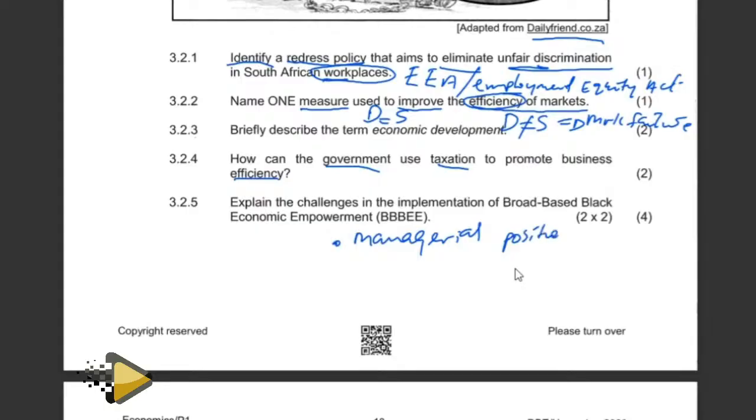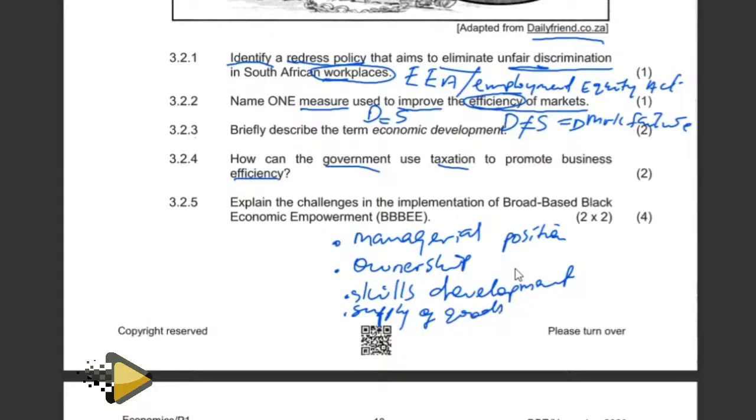Also, Black people should own land. It also addresses skills development of Black people, and the supply of goods and services by Black people. So these are the major pillars of broad-based Black economic empowerment.